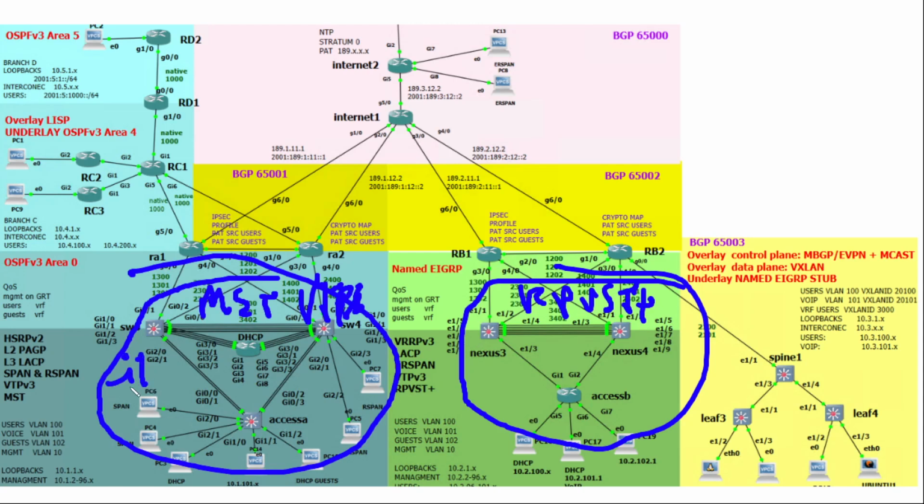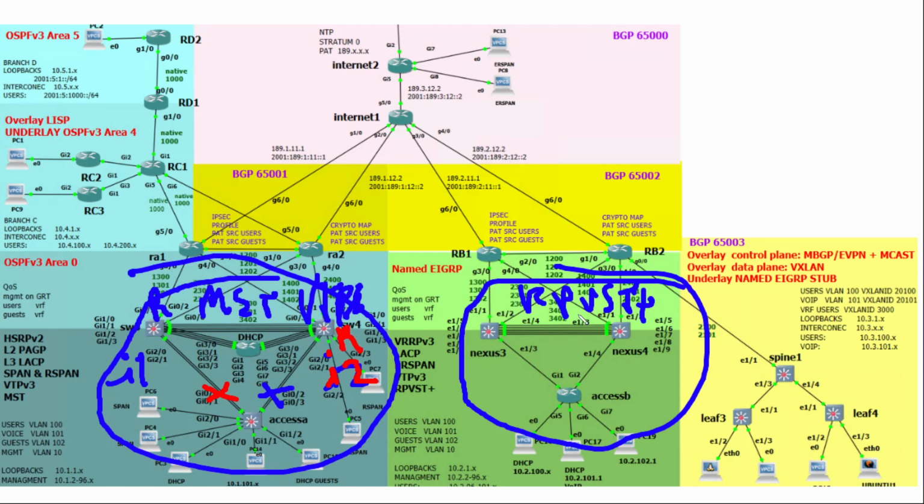Instance 1 will put this port in blocking mode, and for instance 1, switch 3 will be the root switch, and instance 2 will place this port into discarding state, and for instance 2, switch 4 will be the root switch.